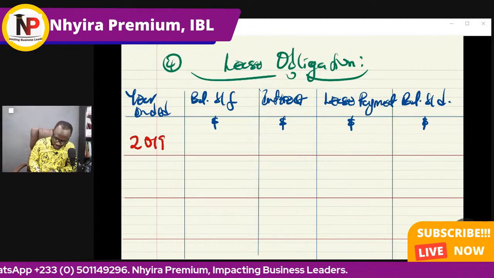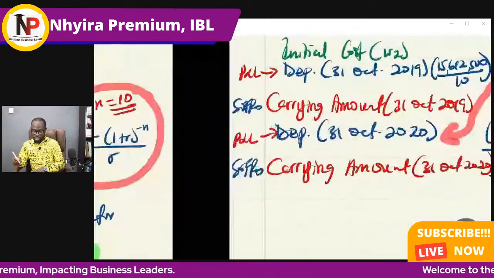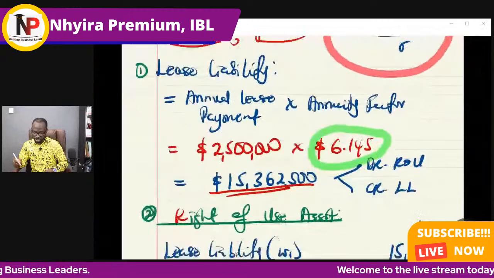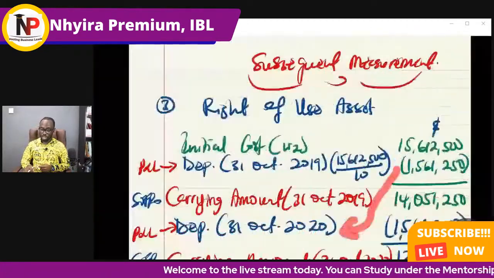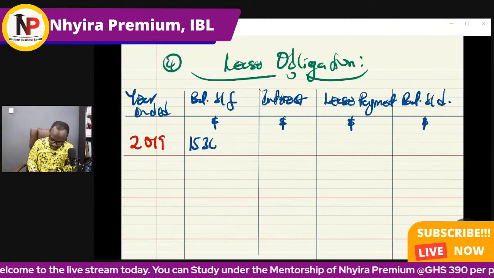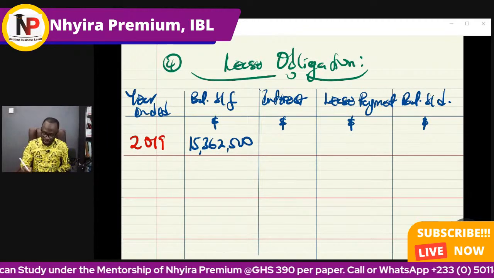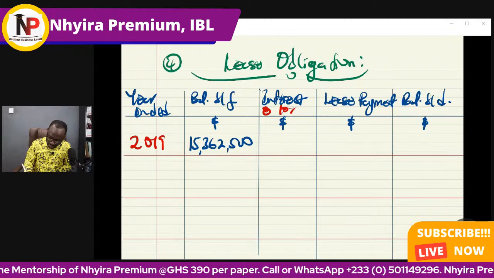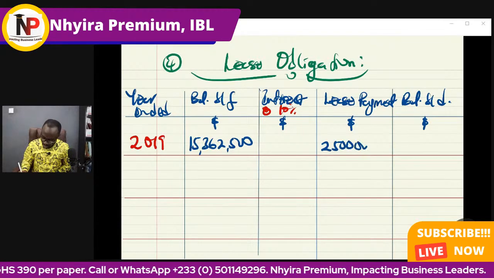So 2019, the balance brought forward of the lease liability from the initial recognition is 15,362,500. Remember, the interest rate implicit in the lease is 10%. Our annual lease payment is 2,500,000.